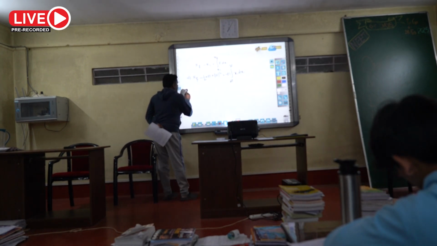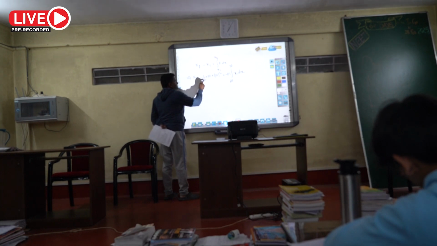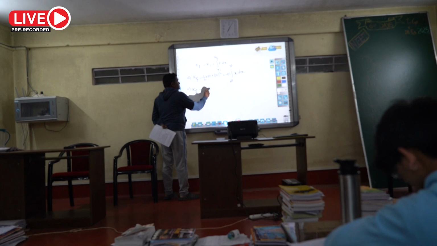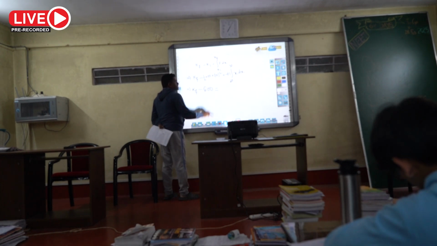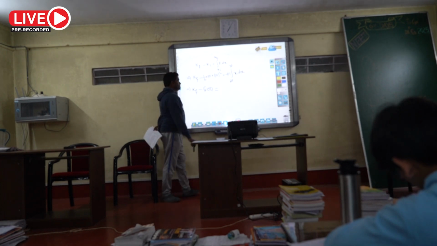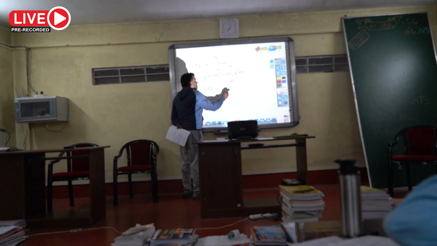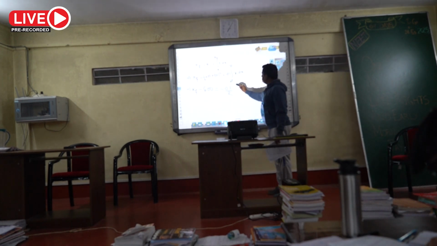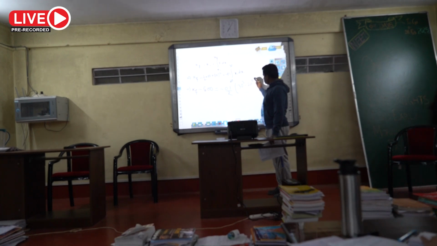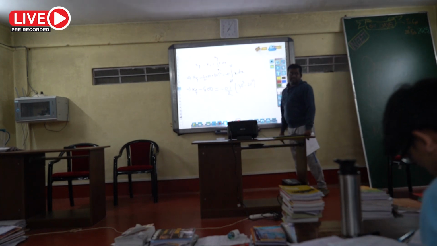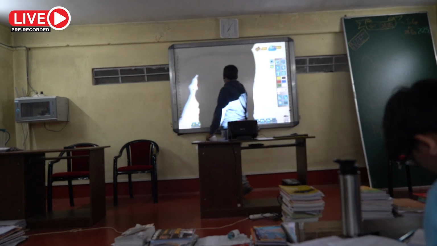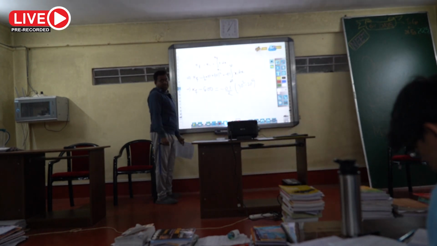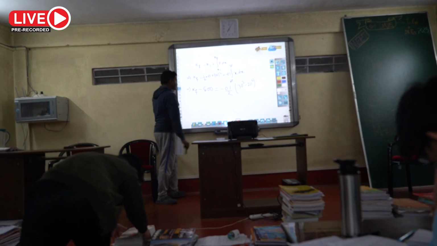Kf minus 500 is equal to minus 0.1 by 2 into x square, with x square by 2 as the integral. X square with limits will be 30 square minus 20 square, so 900 minus 400, that is 500. 500 into 0.1 means 50, 50 by 2, that is 25.